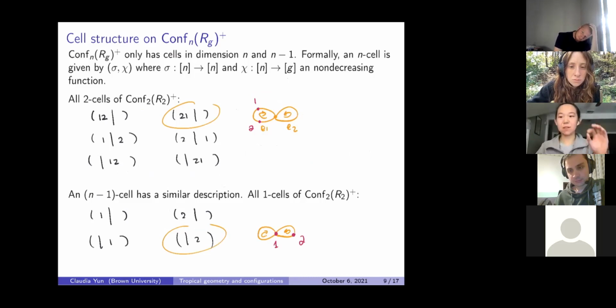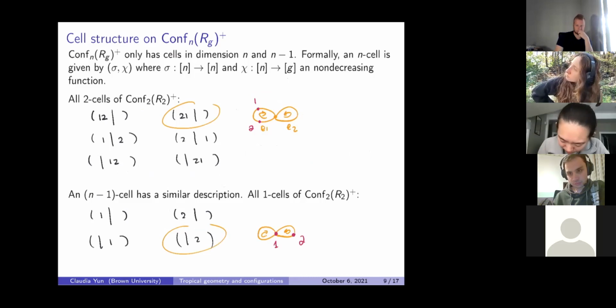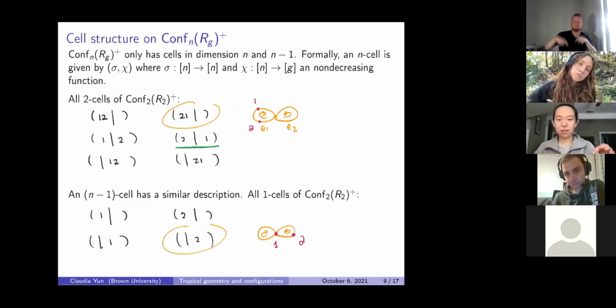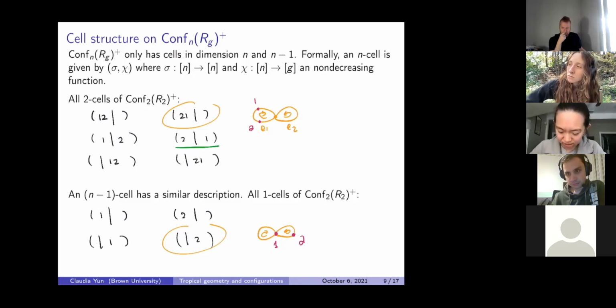So when we have one point on one arc and one point on another arc, instead of getting a simplex, we're actually getting a product of two simplices. Let's just look at this one: the space parameterizing having point 2 on arc 1 is the interior of delta 1, and similarly for the other one.